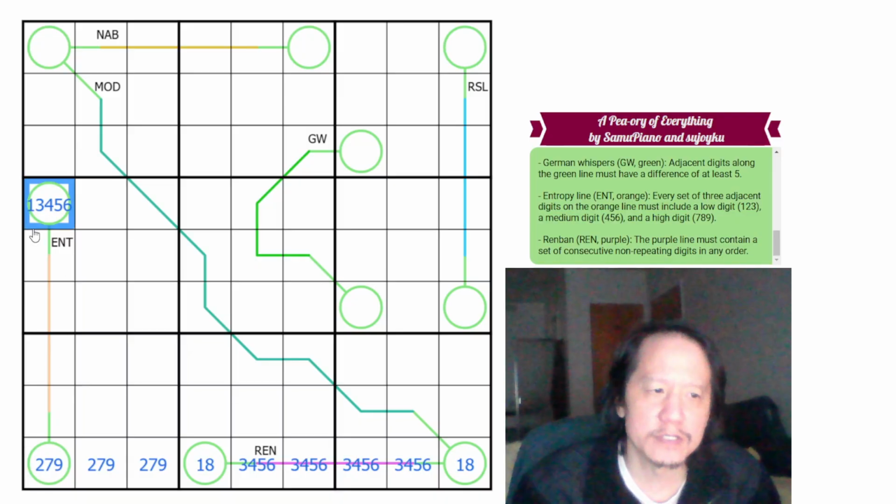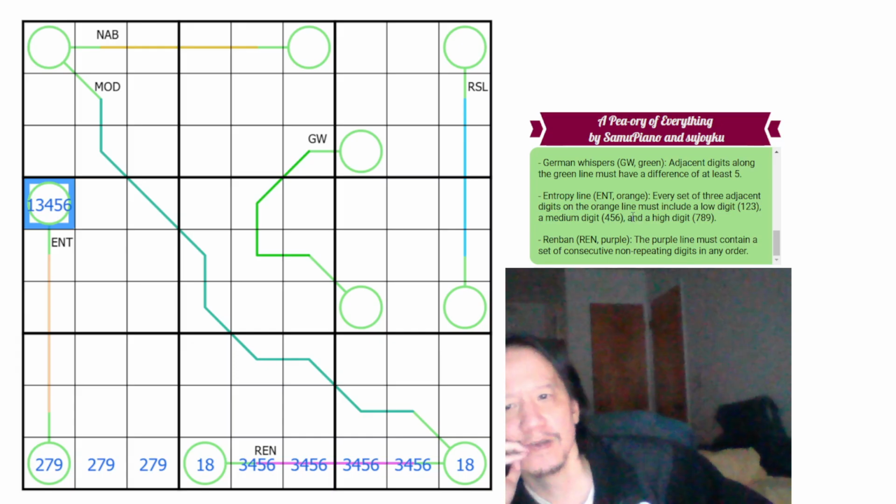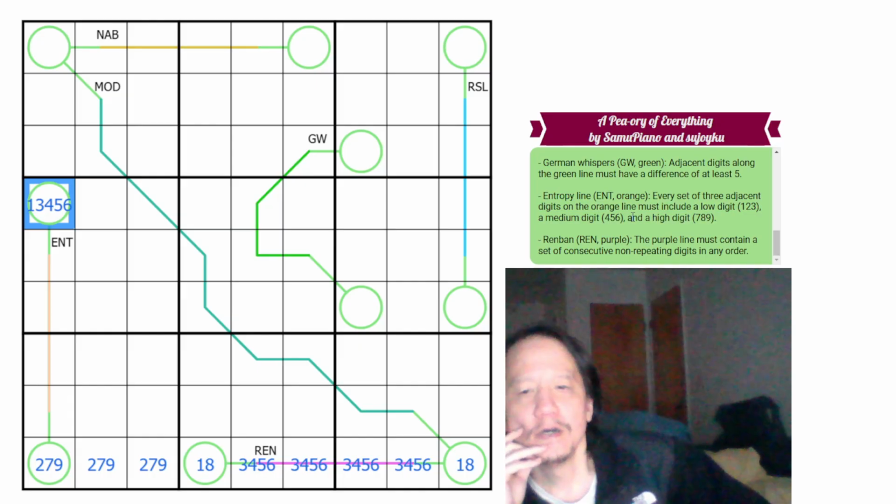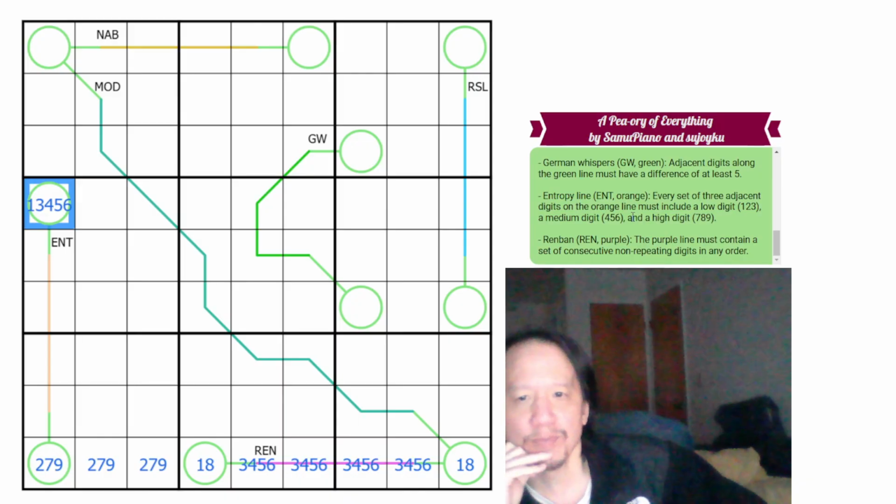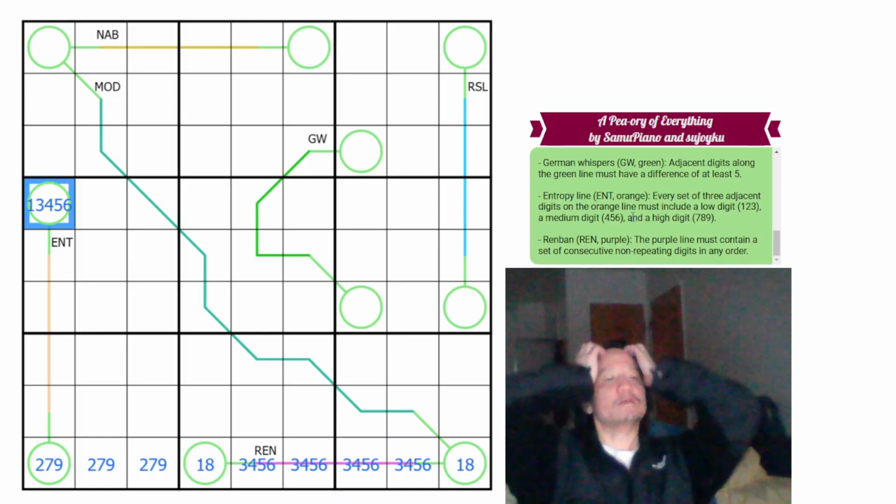It can't be 26. If it's 26, that would require 3 plus 6 plus 9 plus 8. Actually, can it be any of the 20? Yeah, you can never have 3 plus 8 plus 9. It would always have to be 1, I think, right?